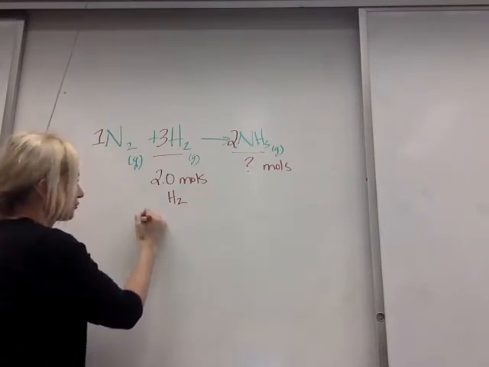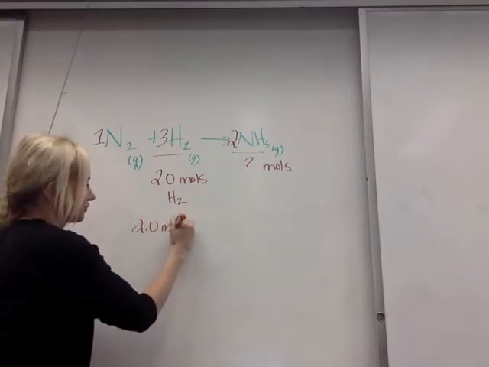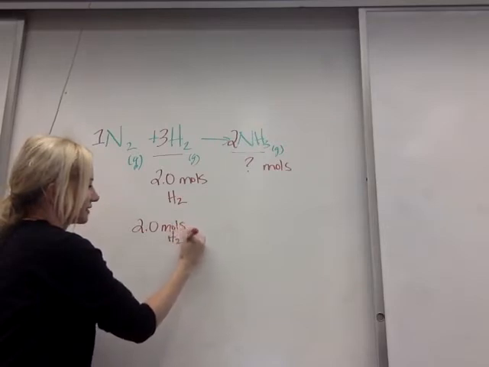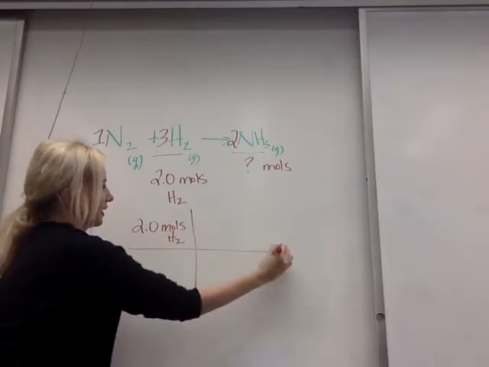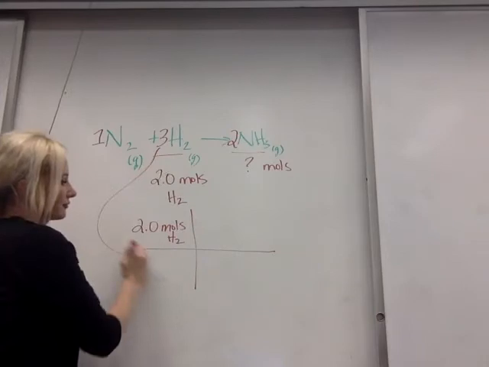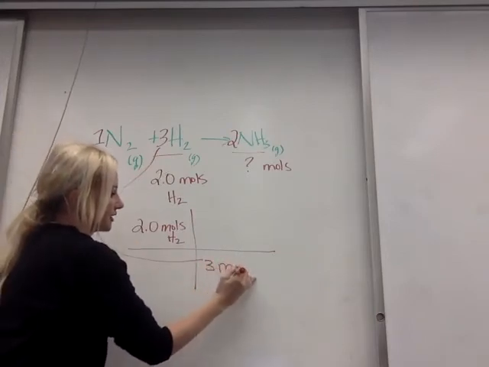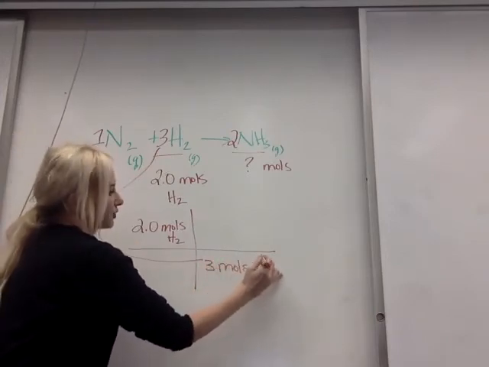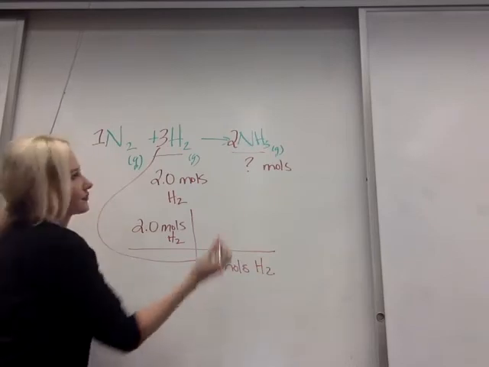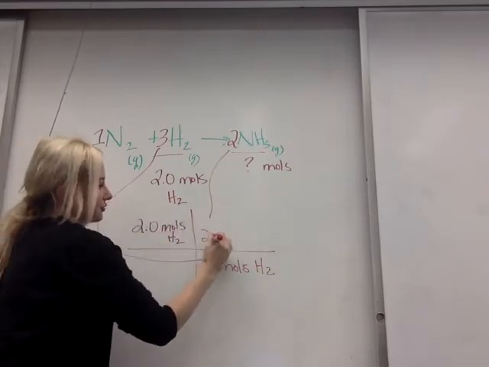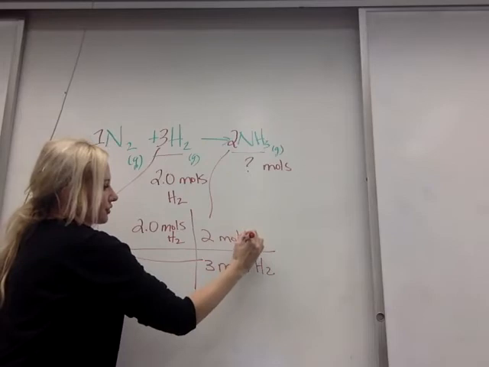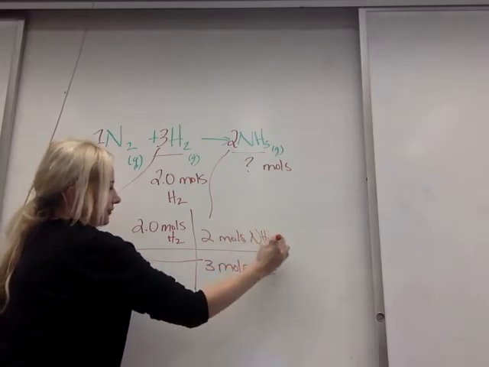So I'm going to start with what I'm given, which is the 2 moles of hydrogen gas. And again, hydrogen gas is H2. And now I'm going to use this coefficient. So coefficients, again, can represent moles. So 3 moles of hydrogen gas. And then I'm going to use this too, 2 moles of ammonia.